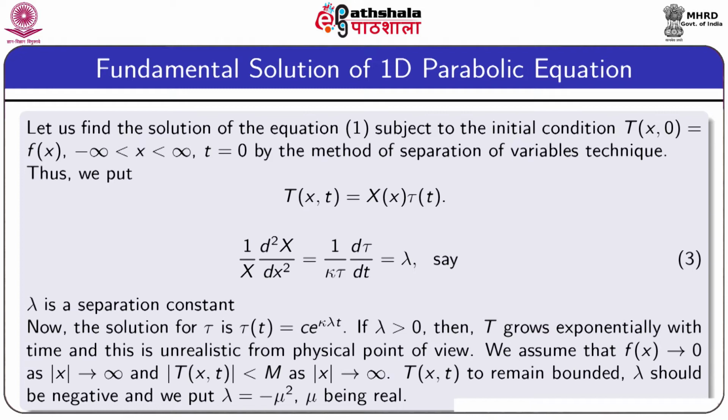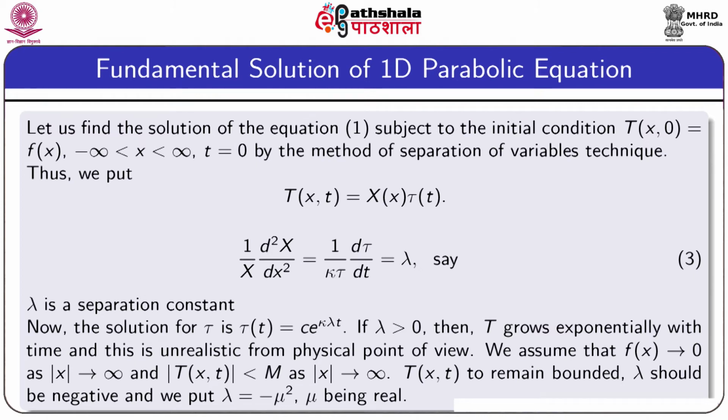If lambda is greater than 0, capital T grows exponentially with time, and this is unrealistic from the physical point of view. We assume that f(x) tends to 0 as mod x tends to infinity and the value of capital T is bounded. That means mod T is less than M as mod x tends to infinity.